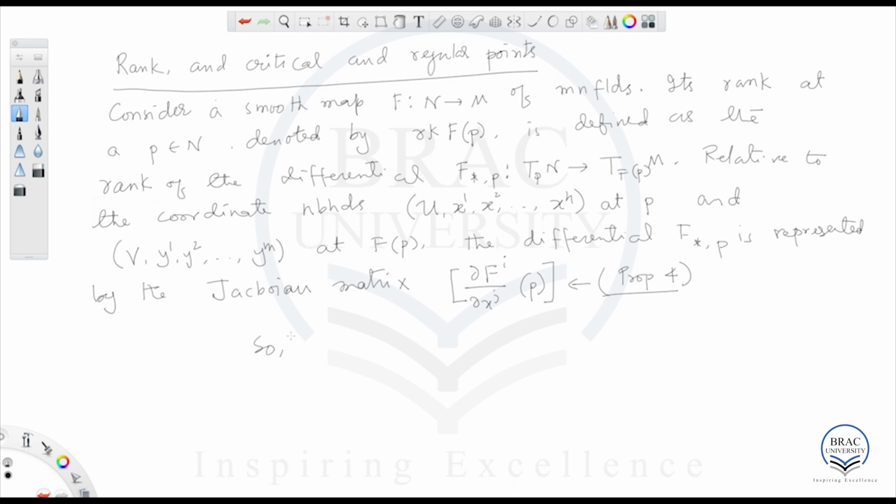So the definition of the rank of this smooth map F at the point P is just the rank of the Jacobian matrix relative to these two charts, (U, x1, x2, all the way up to xn) and (V, y1, y2, all the way up to ym).